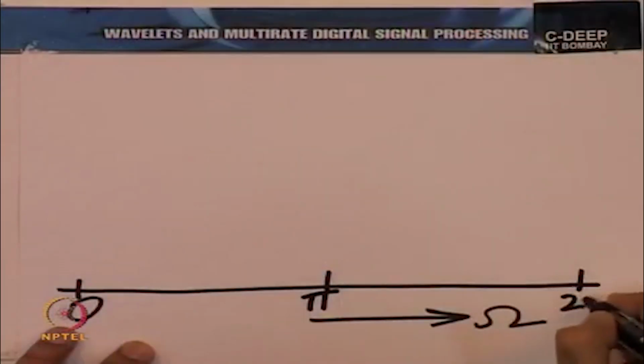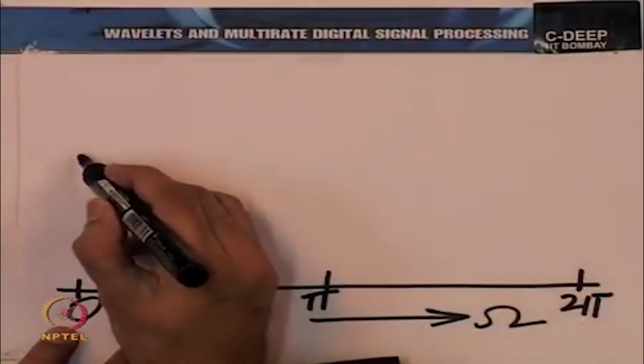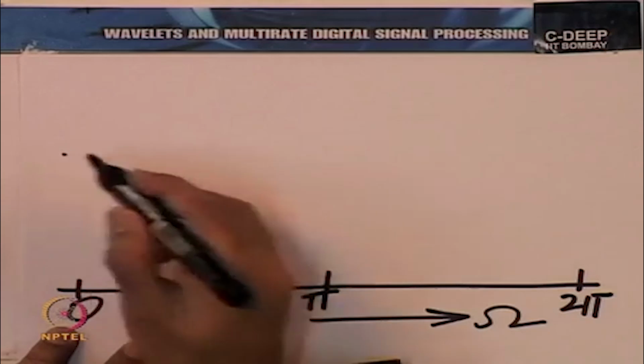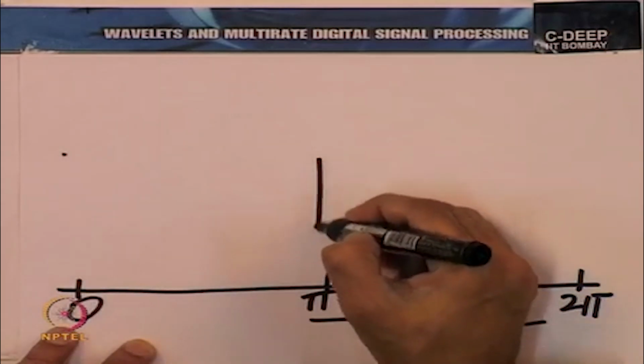So, what is happening then? The following is happening in the frequency domain. In fact, now I need to work carefully around 0. So, I will draw a big pi here and a big 2 pi there. So, we will start with V 1. So, this is W 0.